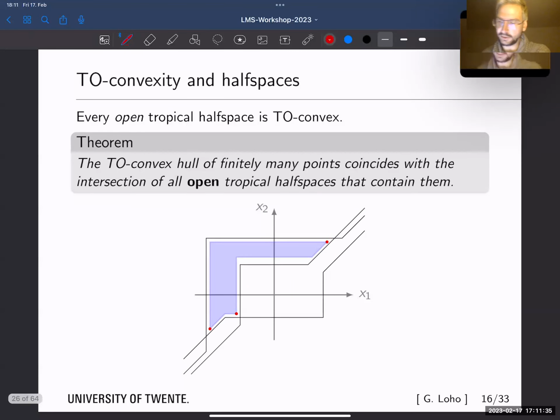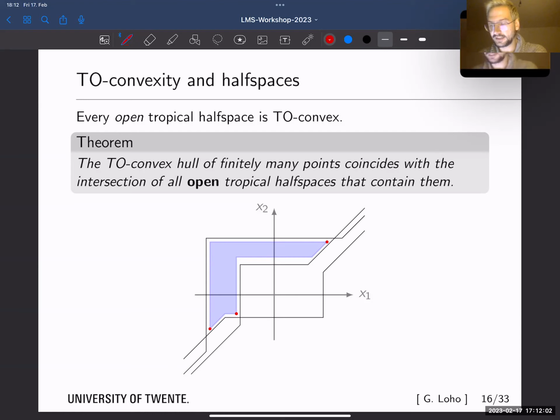In particular, because one also gets an exterior description of these things, namely open tropical half spaces are actually TO convex in this sense. So the outer description is, if we have the TO convex hull of finitely many points, then this is the intersection of all the open tropical half spaces that contain these points.